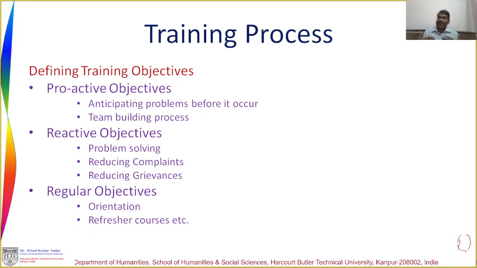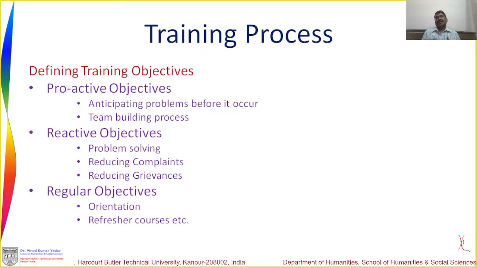If you look at different categories of objectives, it may be proactive objectives, reactive objectives, or regular objectives. Proactive objectives means objectives which anticipate problems before they occur and give training.